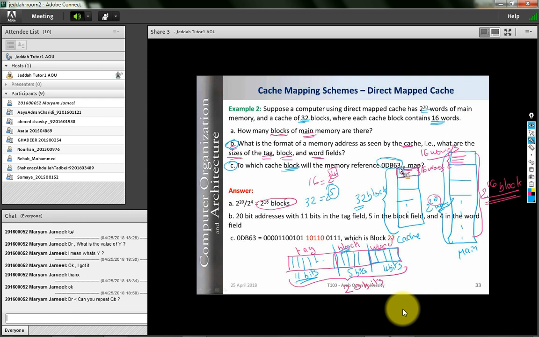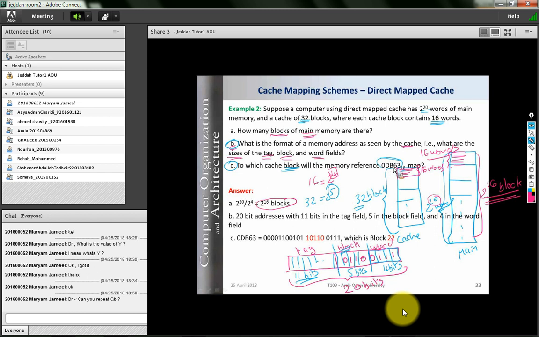So we have to write 3 on 4 bits. The first element is 3. 3 is 0, 0, 1, 1. After that we have the value 6. How to write 6? 6 is 4 plus 2, so 6 is 0, 1, 1, 0.